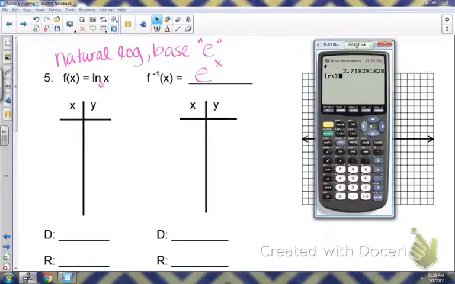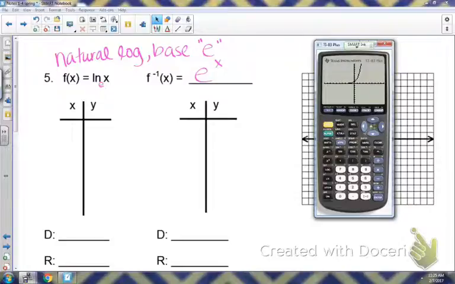So you can type that one in, or you can type in the exponential. It doesn't really matter. Since we've been doing the exponential, let's just start with that one. So there is an e to the x power, which means you just raise it to any power that you want. That button is second and then ln. So that's e to any power. We want it to be to the x power. And then you can graph it to see what it looks like.